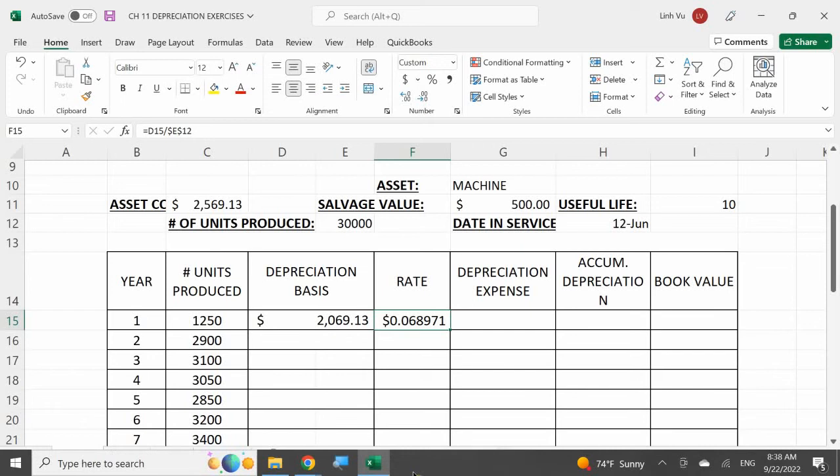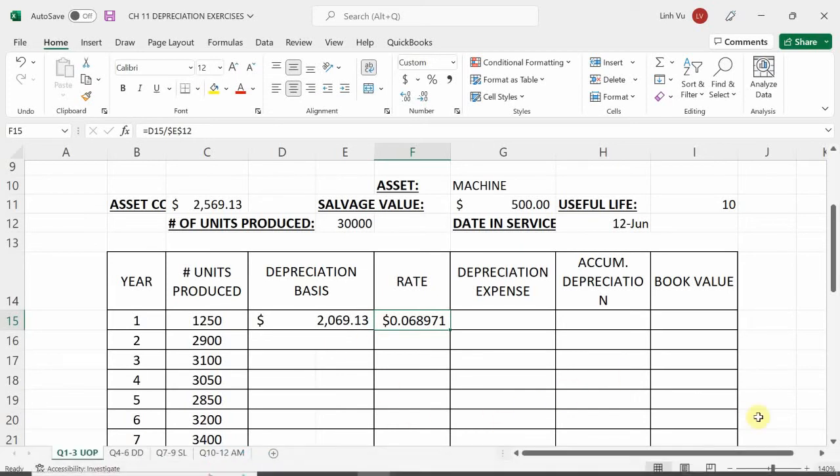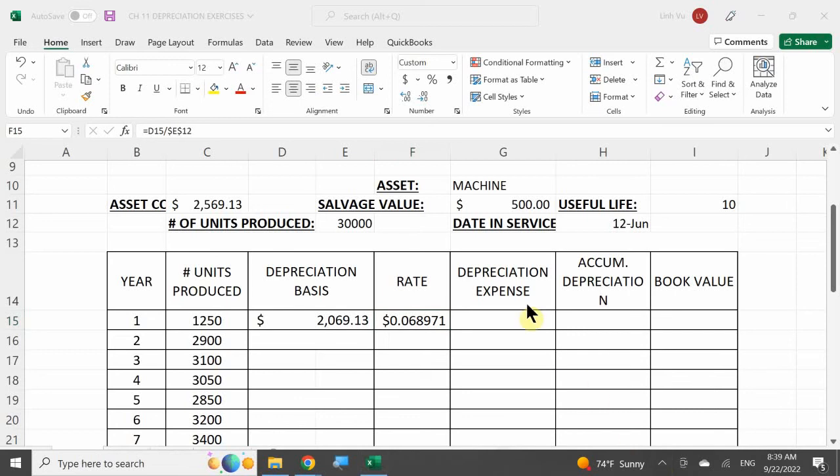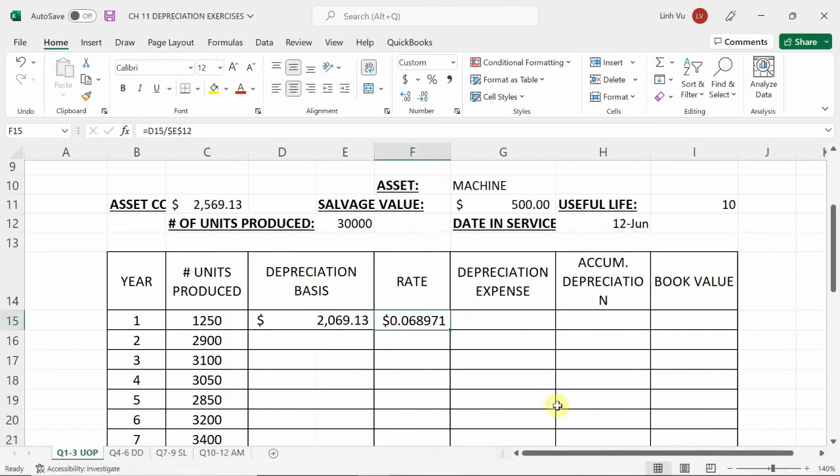So 2069.13 divided by 30,000. 0.68971. Okay, good. So now I need to know how much to depreciate, because the first year I produced 1,250 units.